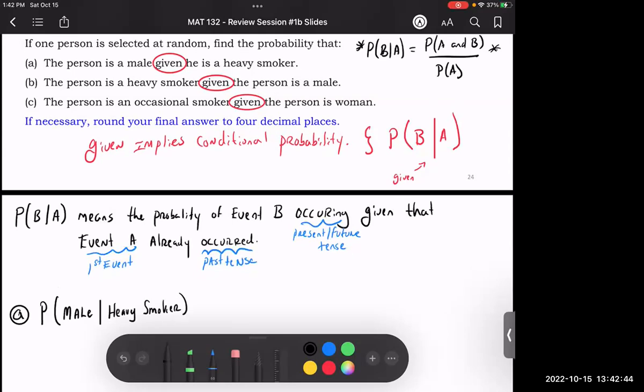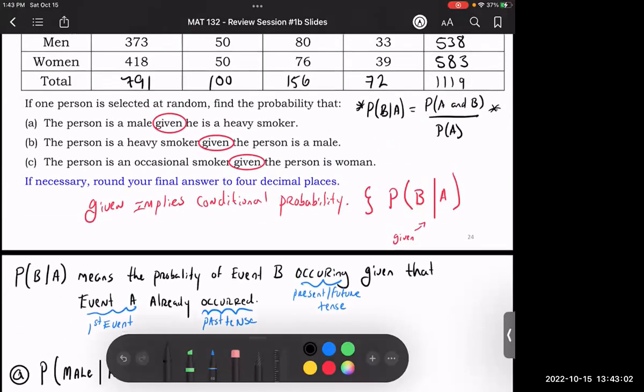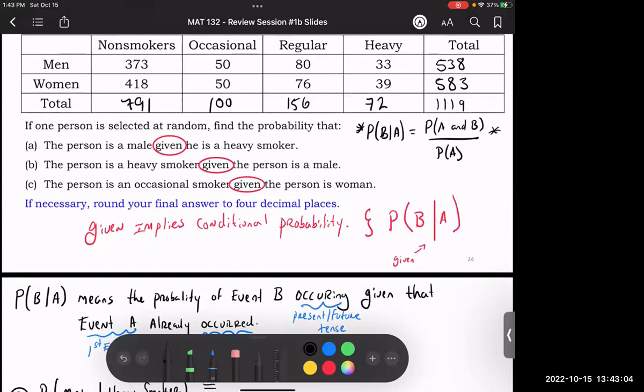So when I solve this problem intuitively, I look for the total number of ways of selecting someone that's a heavy smoker. And then out of that many heavy smokers, how many of them are males will go on the top, right? So let's look at our table. How many heavy smokers do we have? 72.